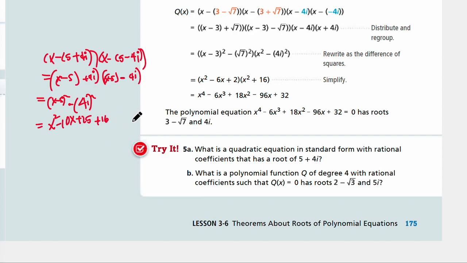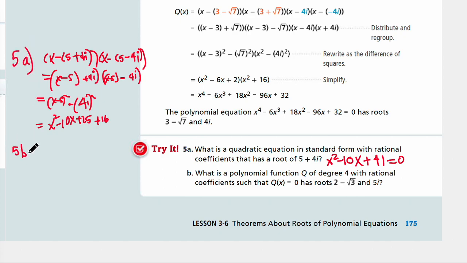And then you add 25 and 16 together, 41, right? So then your quadratic equation should be x squared minus 10x plus 41 is equal to 0. Easy.